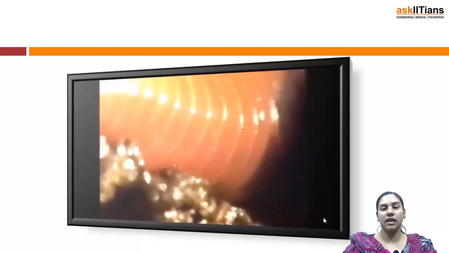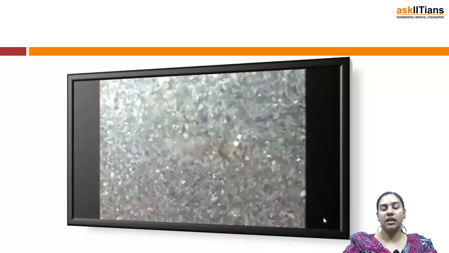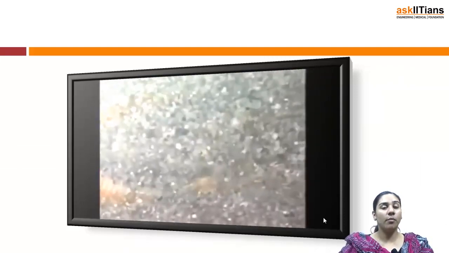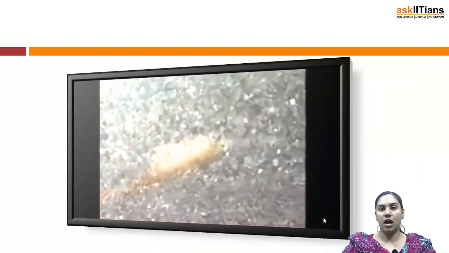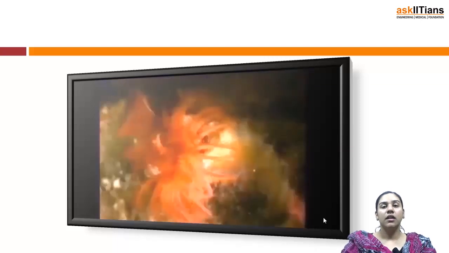There are palps and eyes, and tentacles are also present. Sexes are separate or united, and asexual reproduction is by budding and fission. The phenomenon of regeneration is well marked in the annelids also, and in a few annelids the life history includes a larva, that is the trochophore larva.